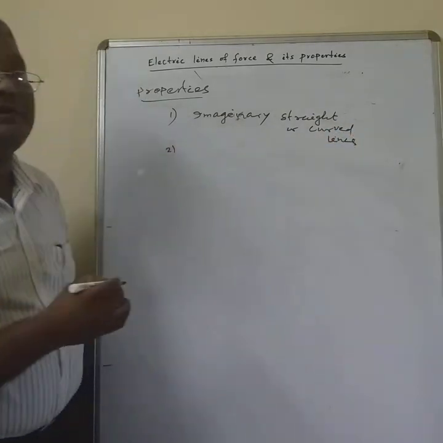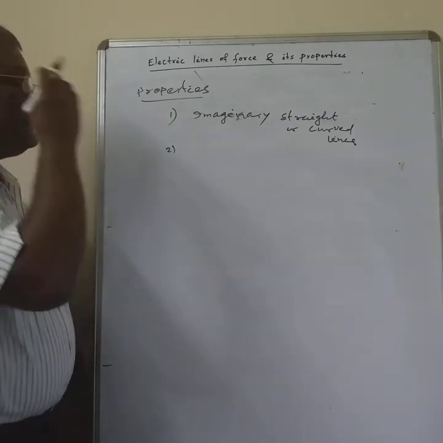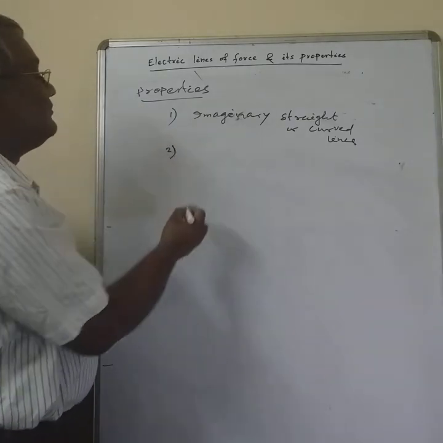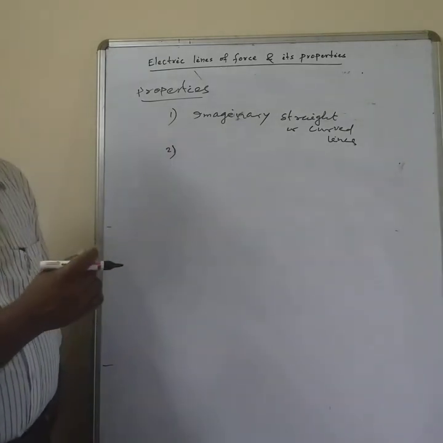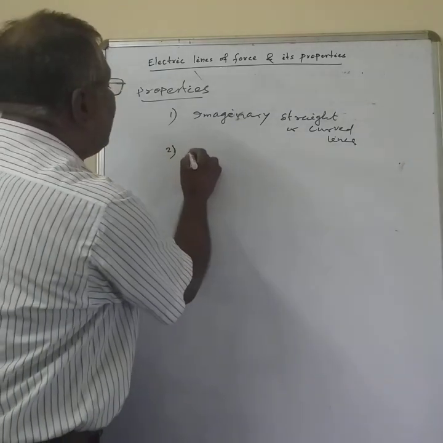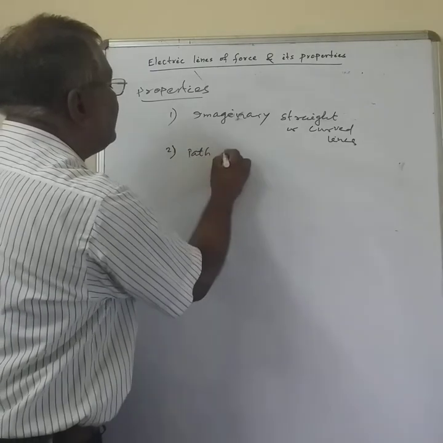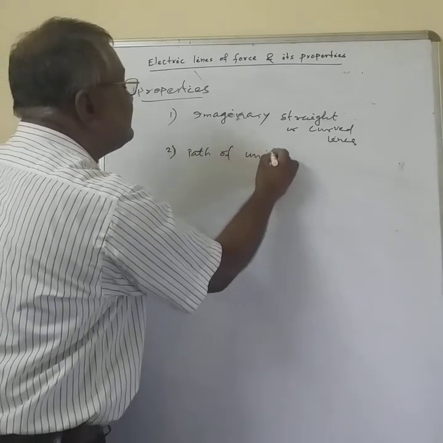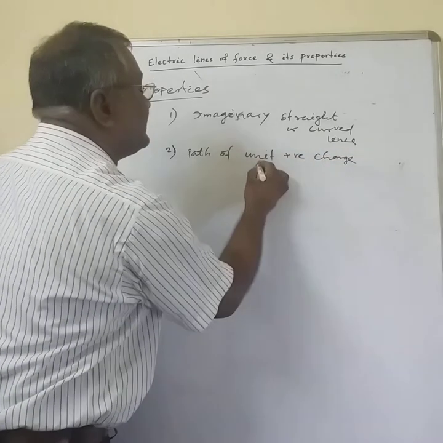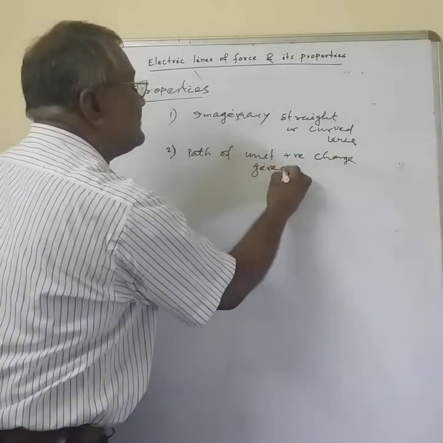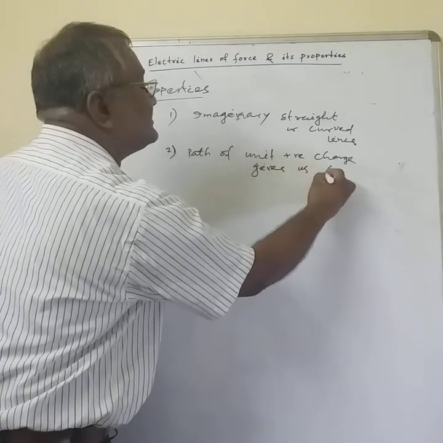Now the second property: a unit positive charge will move away from the positive charge and towards the negative charge. The path of the unit positive charge gives us the field lines.